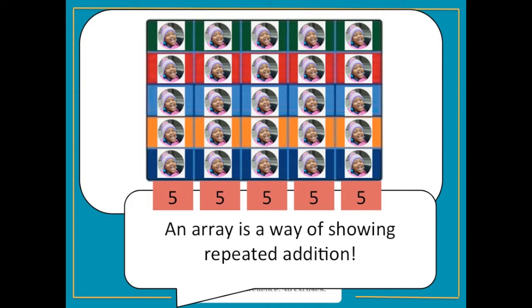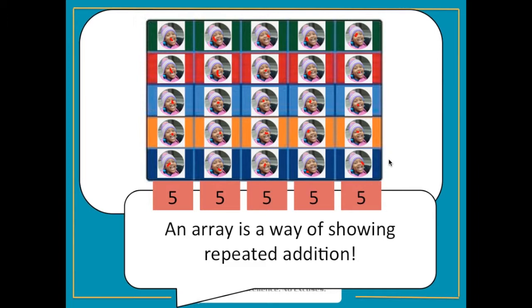Instead, you can recognize that you have an array. This is an array because you have rows of groups, and then you have an equal number of rows. So let's see. Each one of these has 5, right? 1, 2, 3, 4, 5. Each row has 5. Okay, let's see how many rows there are. Each one has 5.